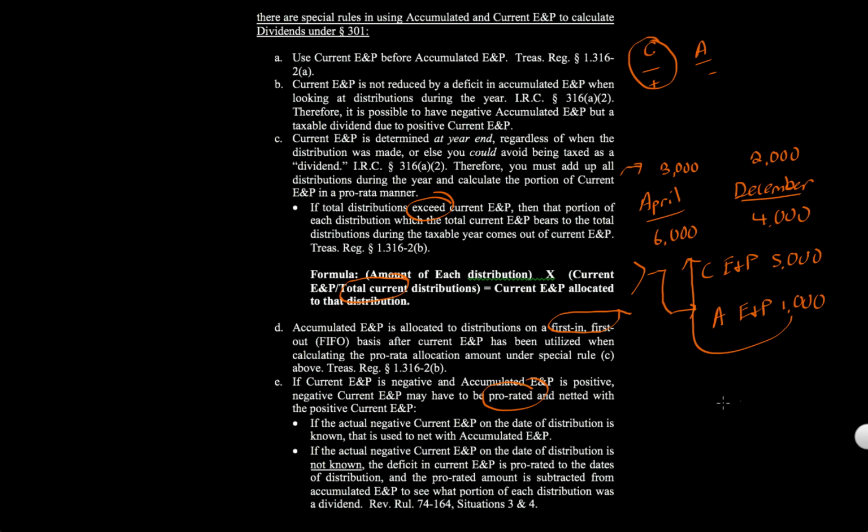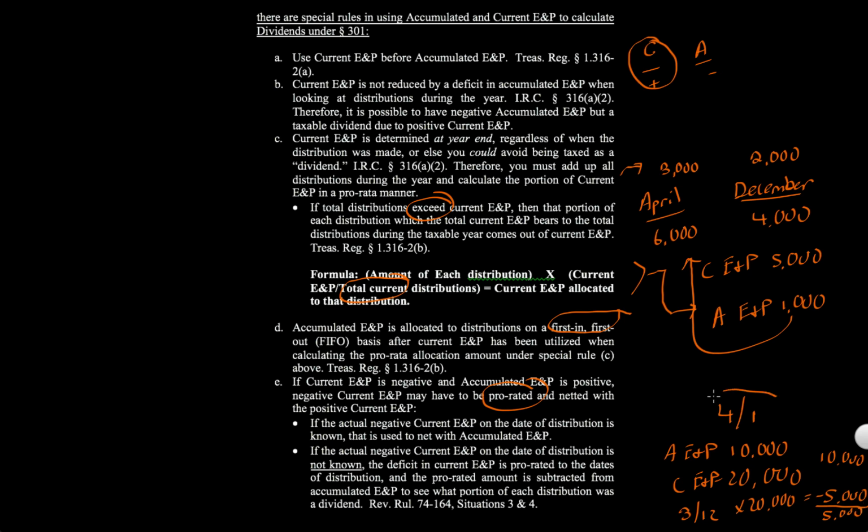So if we have a distribution on April 1st, and we have $10,000 accumulated earnings and profits and negative $20,000 current earnings and profits, then we take 3 months, 3 out of 12, which is January, February, March, times $20,000, that's negative $5,000. And we net that with the accumulated earnings and profits on that date, and there's $5,000 positive E&P that can be utilized for that April 1st distribution, whatever amount it is.